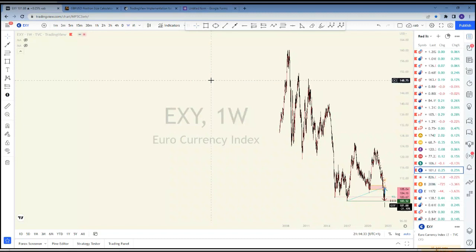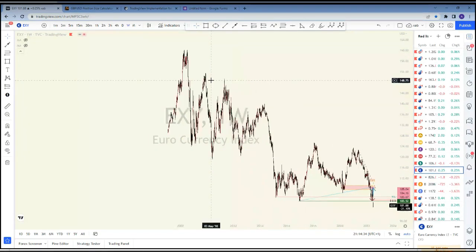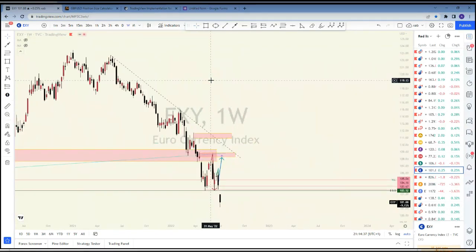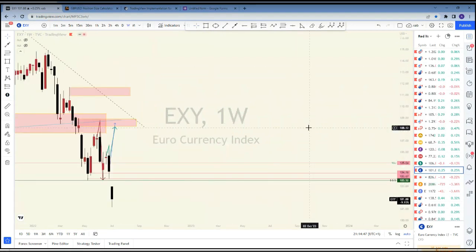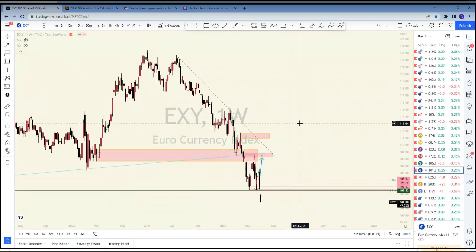As far as I'm concerned, I don't think the euro has a support in view right about now, and that could be due to, I think it was the resignation of the prime minister or something. I really don't know. I'm not familiar with all of those news, but I have some newsletters that I'm subscribed to that usually just give me heads up about some of these fundamental factors.